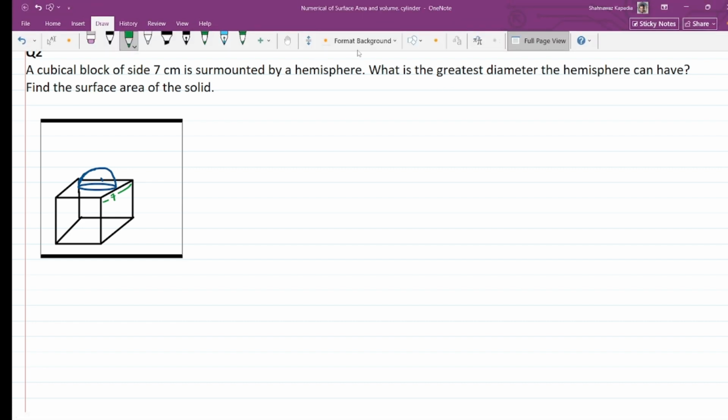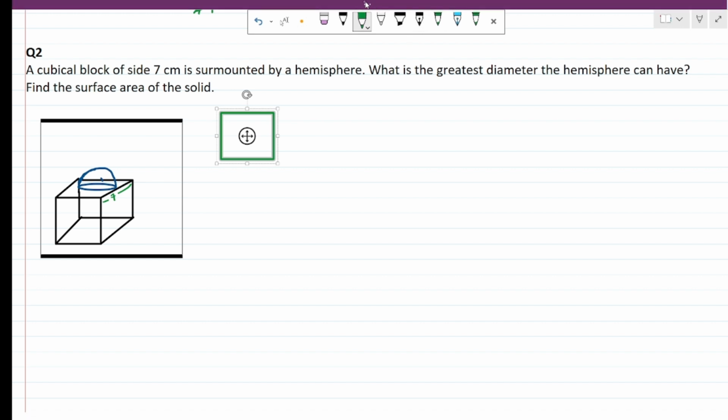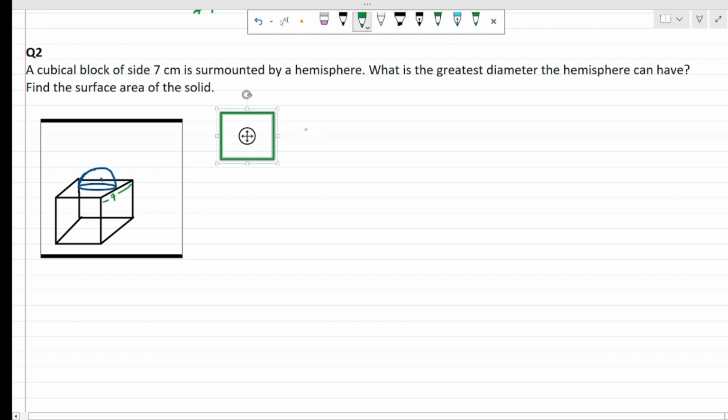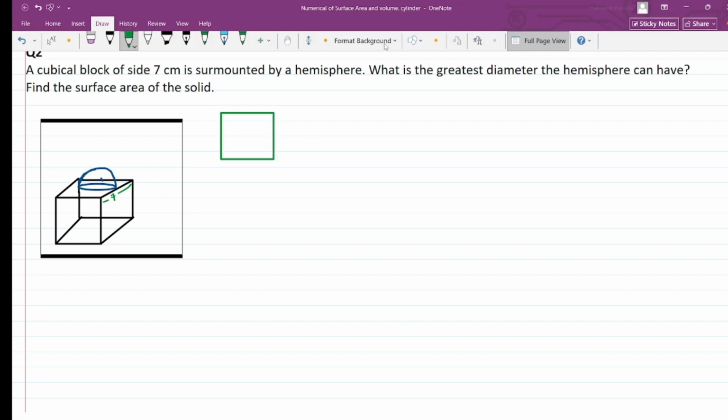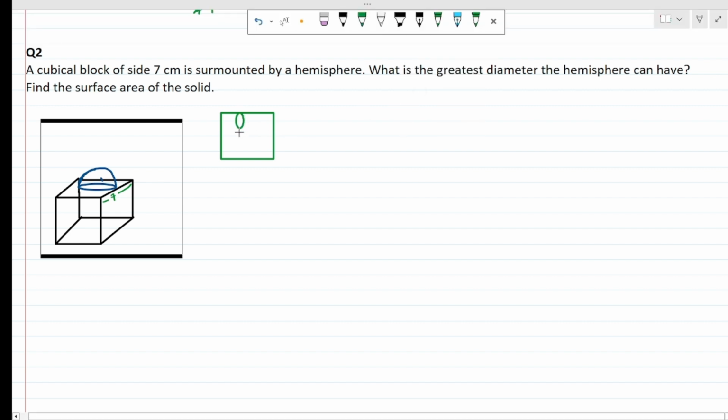Now let me explain with the help of the figure for the top view. We have a cubical face which is surmounted by a circle, a hemisphere. So you will draw a hemisphere over here.